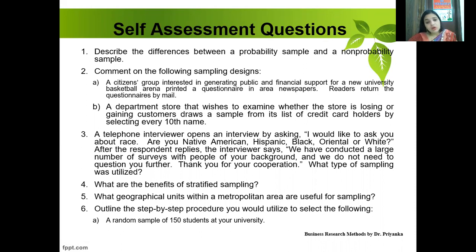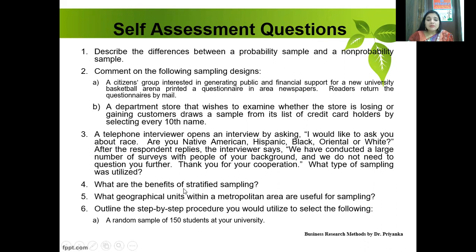Thank you for your cooperation. What type of sampling was utilized in this? I am trying to ask the respondent whether it is Native American, Hispanic, Black, Oriental, or white. That means I have decided a quota for everyone. So this is quota sampling.